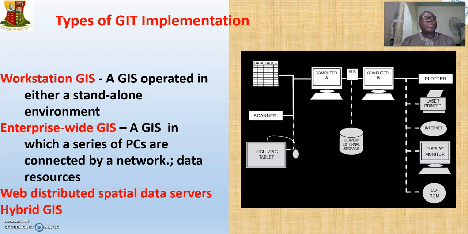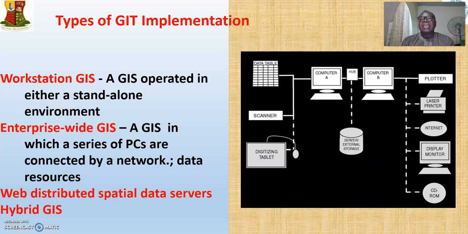The other one is enterprise-wide GIS, in which case a series of PCs are connected by a network and data resources, and they can have access to different data sets on the resources. Like this, we have computer A, computer B. Computer A and computer B can have access to all the databases in the system, and they can use it to have access to external data.